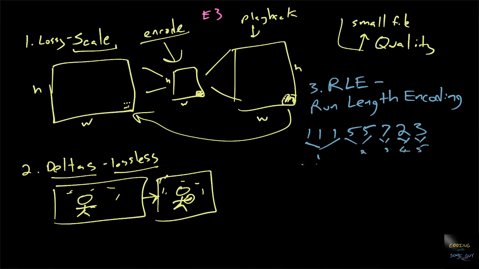And in this case, if I want to compress this, I can say, well, all right, take all these ones, count how many there are. There's 1, 2, 3. All right, so 3 ones. Okay, and then here we have 2 5s. And here we have 1 7. And here we have 1 2, and then 1 3.